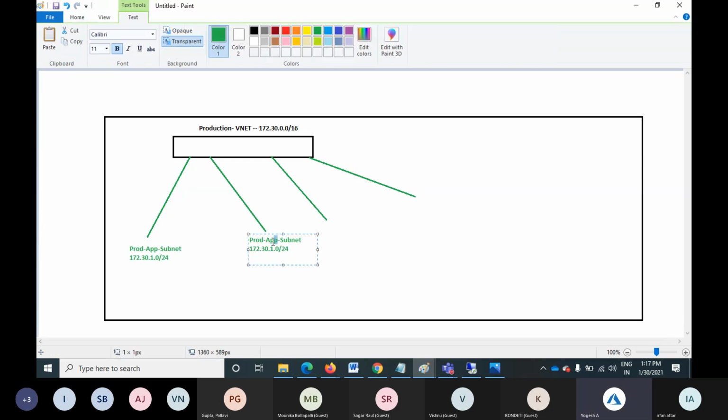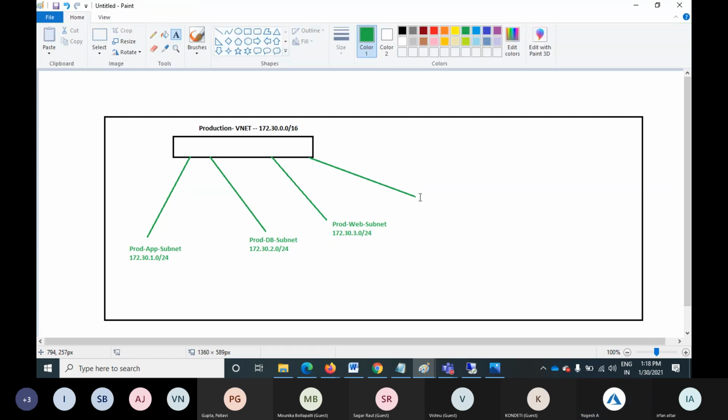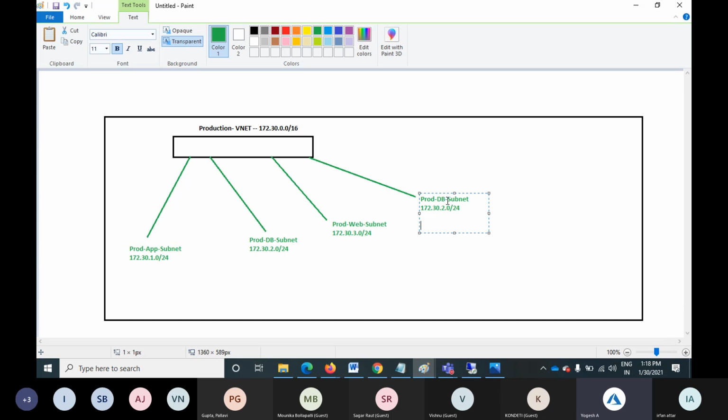So this is your prod databases, a different subnet you have created, which is 2.0. See your web servers, which is 3.0. Again, you have one more subnet, test subnet we can say, which is 4.0.